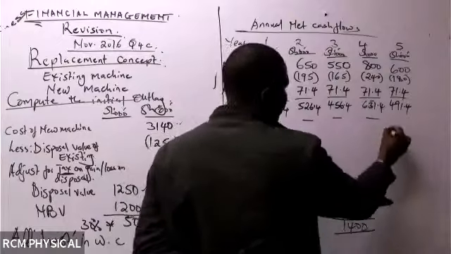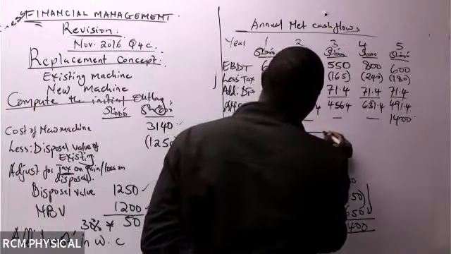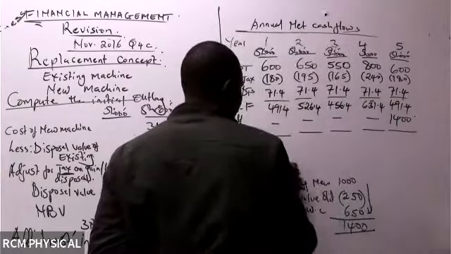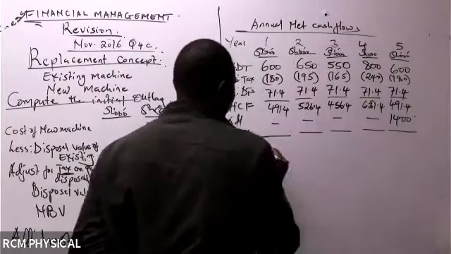So that will be discounted together and you get the net unit cash flow.